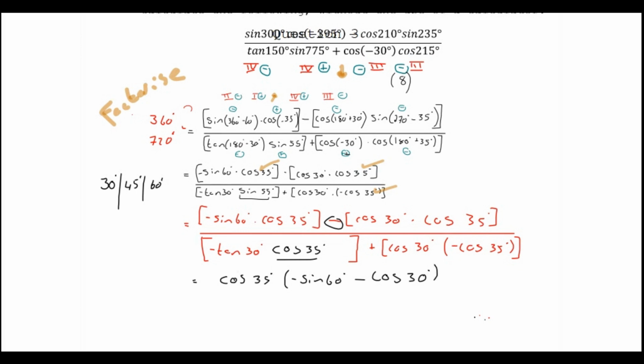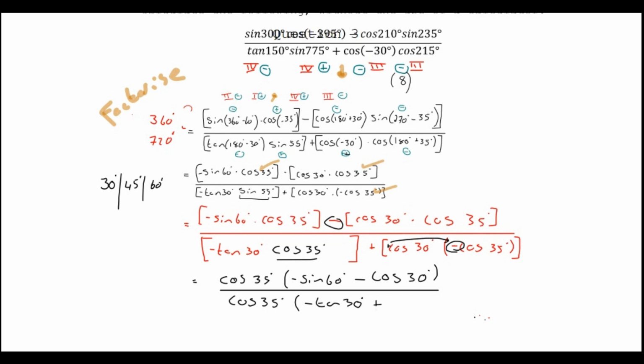Alright, and applying the same rule in the denominator, we now get cos of 35 degrees, and to write down what is left, well, we have minus tan of 30 degrees plus. Okay, so you see there was a minus cos 35 over here. Well, this plus 1 multiplied with that negative could actually just give us a minus cos 30.